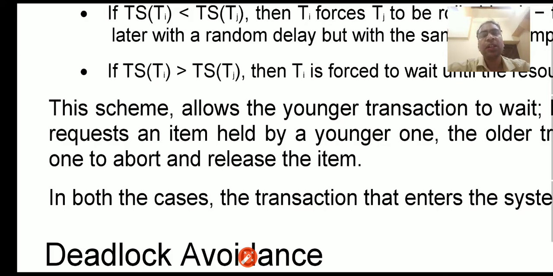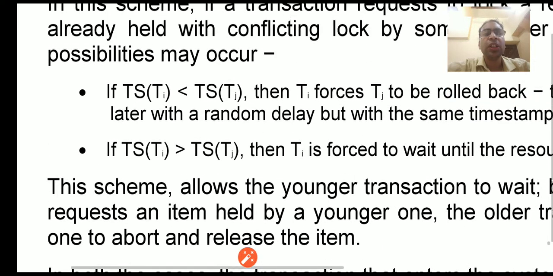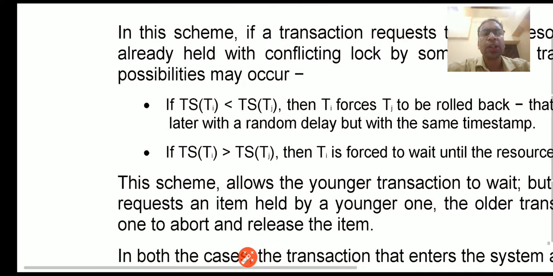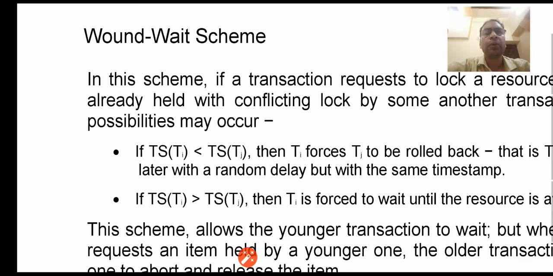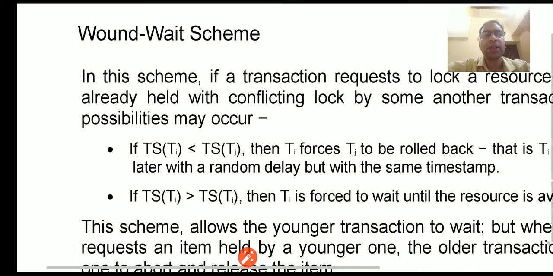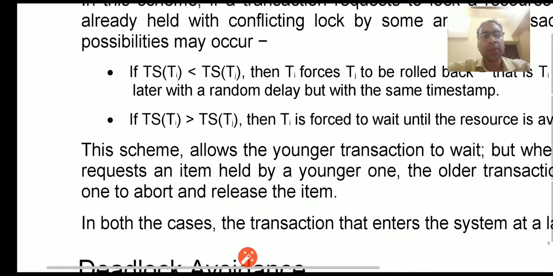So these are the two conditions that can be performed in the wound and wait scheme. The similarity in both the schemes is that the older transaction is getting the preference.